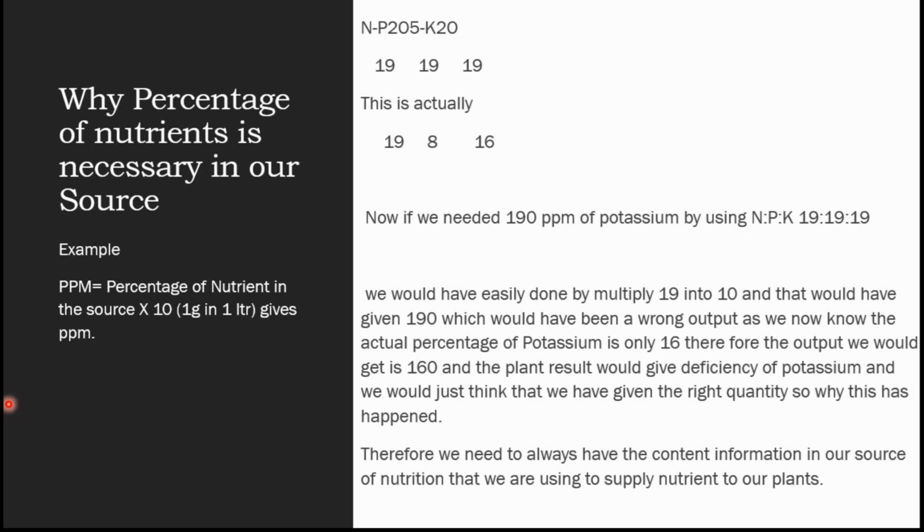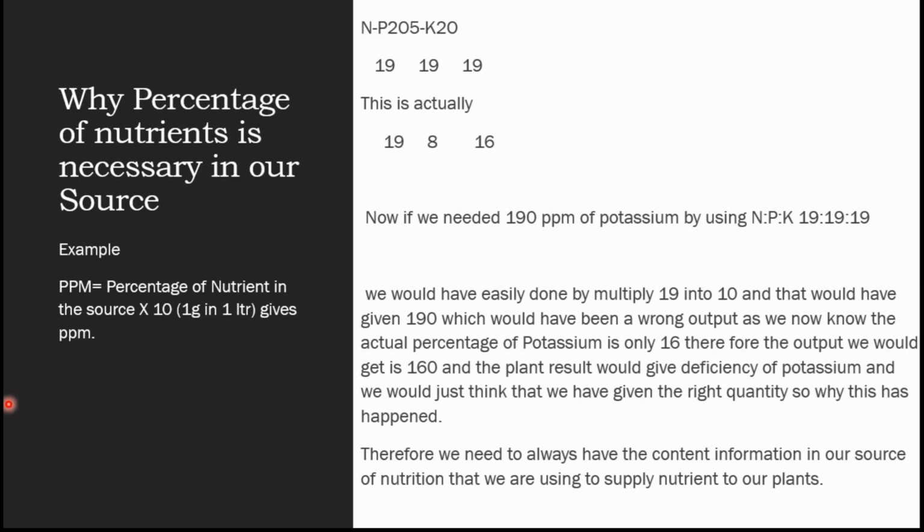Calcium nitrate has 15% nitrogen, which means 15 into 10 makes 150. So whenever we add 1 gram of calcium nitrate in 1 liter of water, it will give us 150 ppm of solution that we will be watering in our hydroponic system.